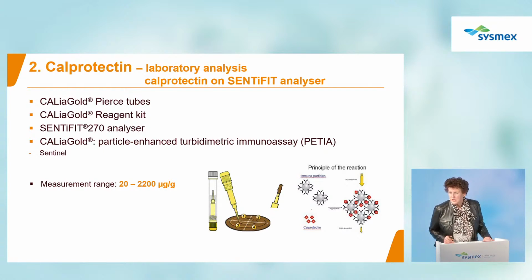The measuring range of the test is up to 2200. Maybe it's not that high, but you can also dilute the test. In our center we do not dilute the sample anymore, because we test mostly for diagnosis or sometimes for monitoring, and even when it is higher than 2200, the doctor knows enough.